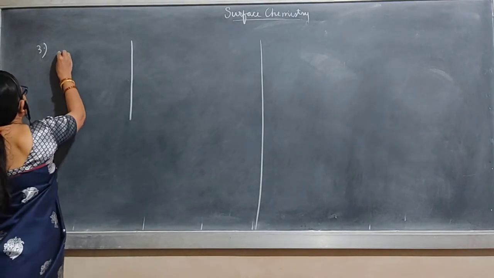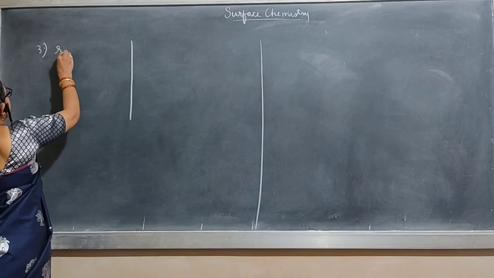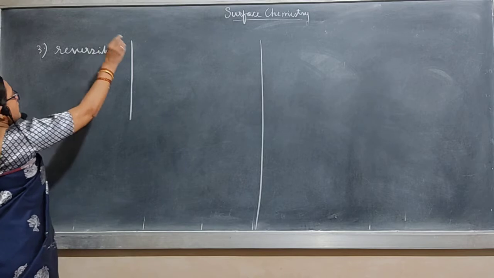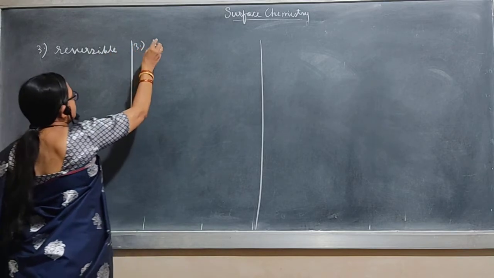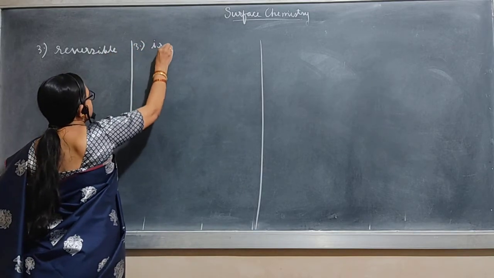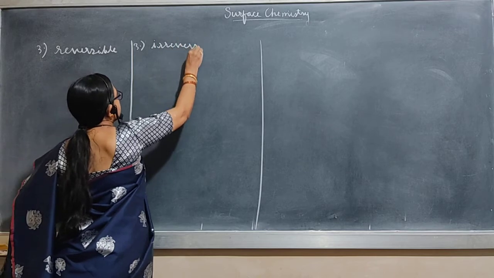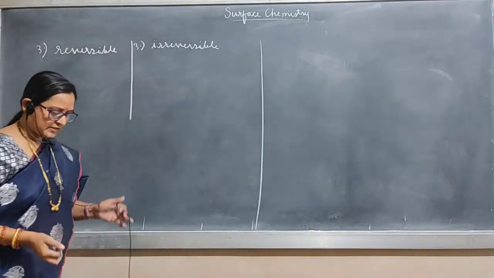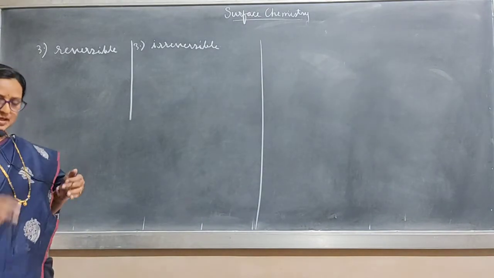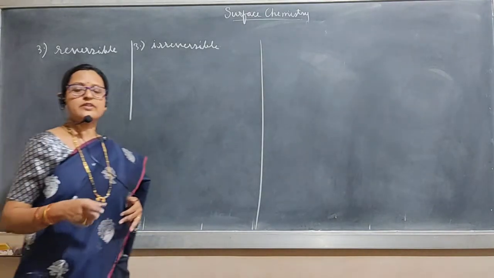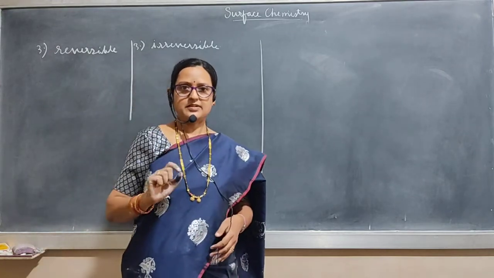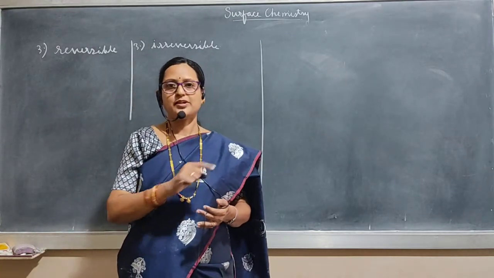Next, lyophilic is reversible, and lyophobic is irreversible. Why is it said so? We had taken an example of colloidal sol as gum. If the gum dries up, we add a little water to it, and it is again ready to use.